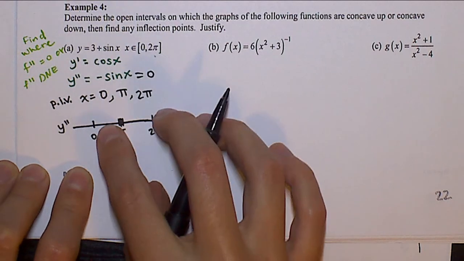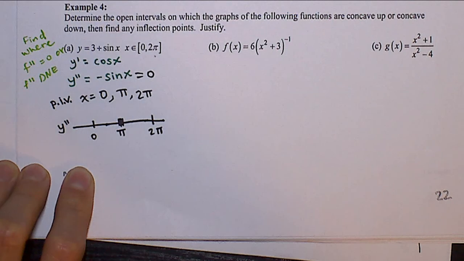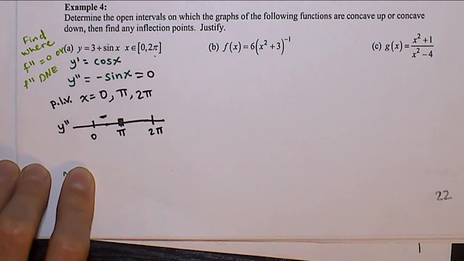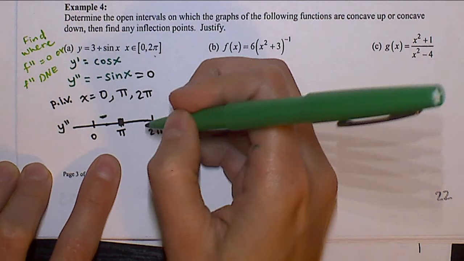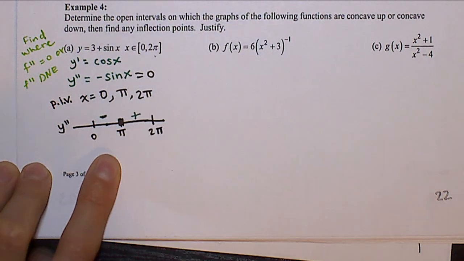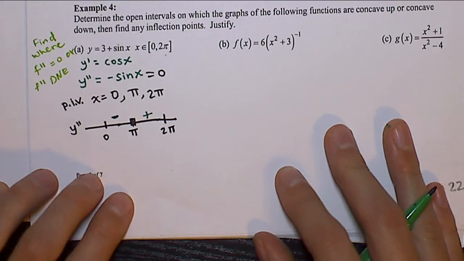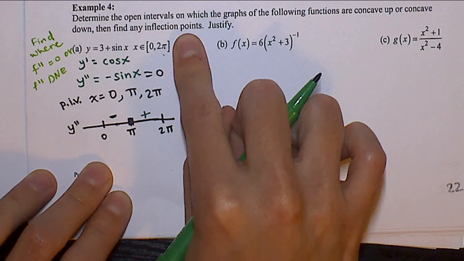If you plug pi over 2 into negative sine, you would get -1. So that's a negative value. And if you plug 3 pi over 2 into negative sine, you would get +1. So that's positive. To summarize, we're looking to see where it's concave up or concave down and any inflection points.